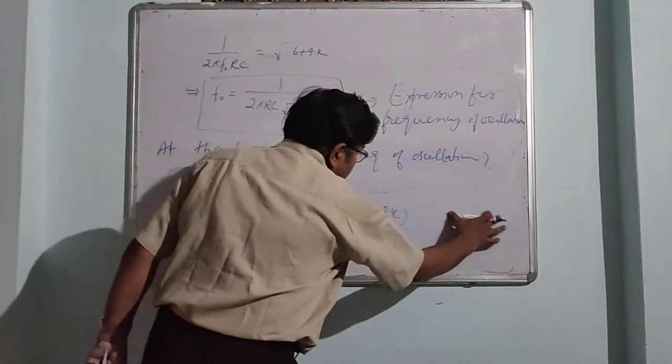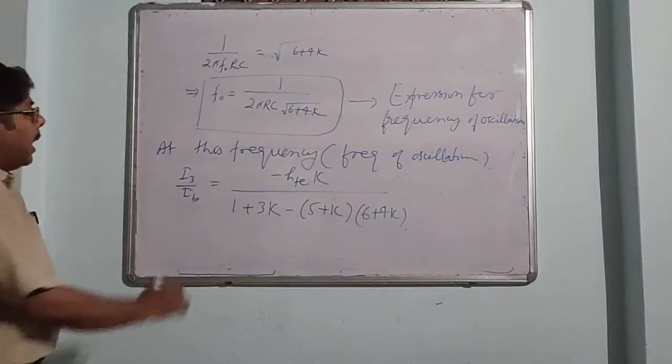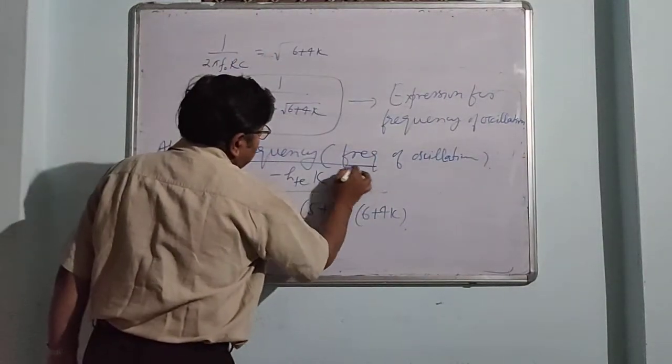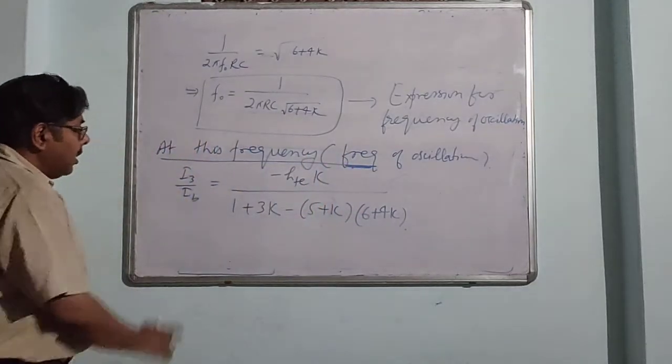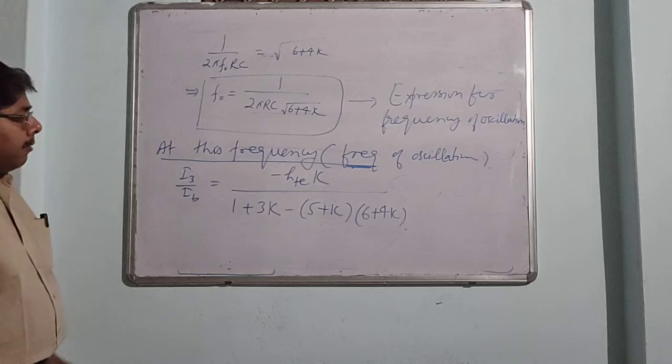Another part was there, imaginary part, that is removed. So at oscillating frequency, this is the value of current, and from this here we can find out condition.